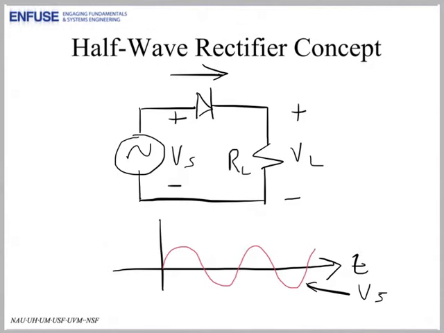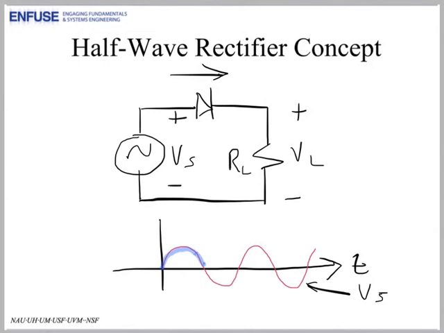I'm going to change it to blue. And because it only allows current to flow in one direction, we're going to see that V sub L looks something like this. When V sub s is positive, V sub L will track it, because the diode here looks like a wire.